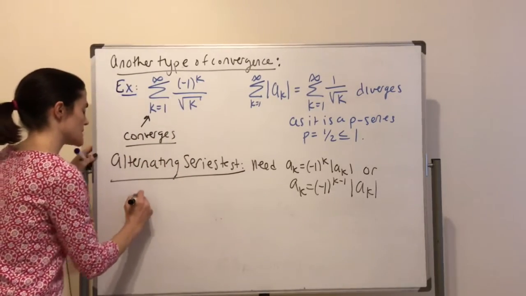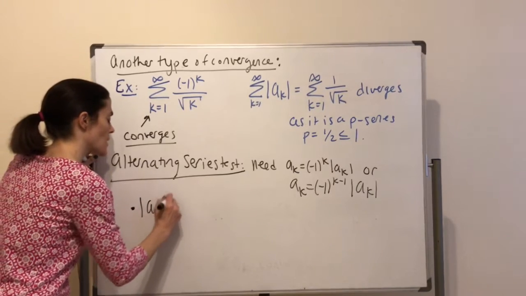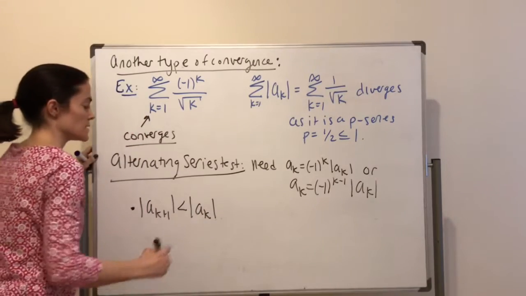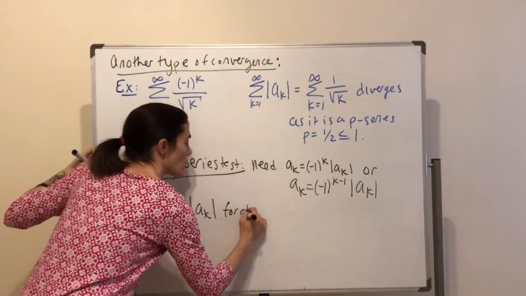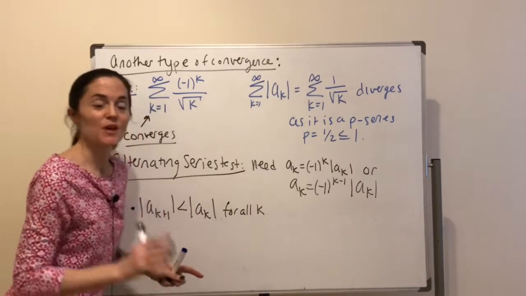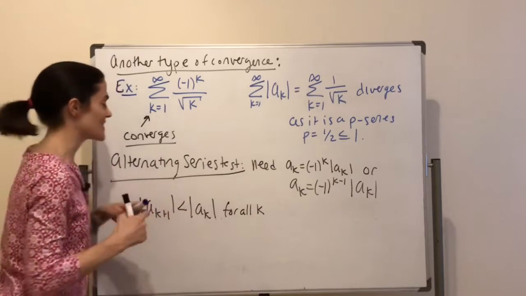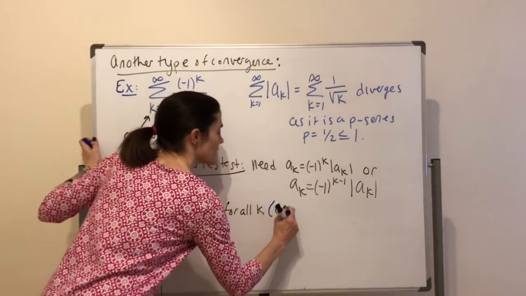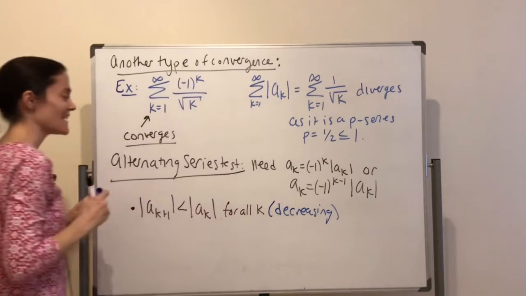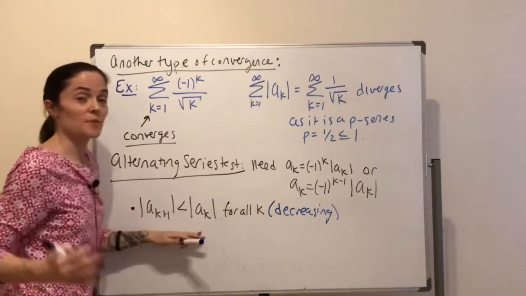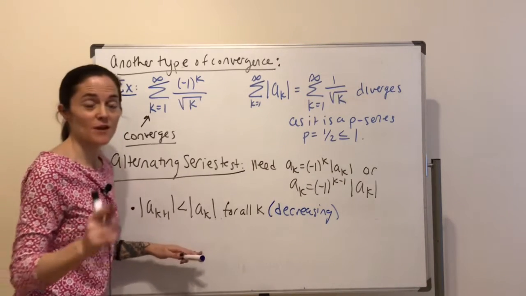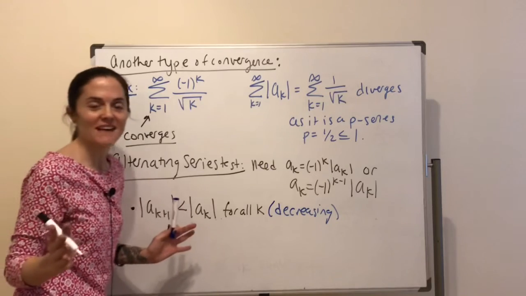The first thing is that absolute value of a_{k+1} is strictly less than absolute value of a_k, for all k. This says that your terms are decreasing in absolute value. This is something that's usually pretty clear to check, but if you're unsure if your terms are decreasing in absolute value, number one, you could graph with your graphing calculator.